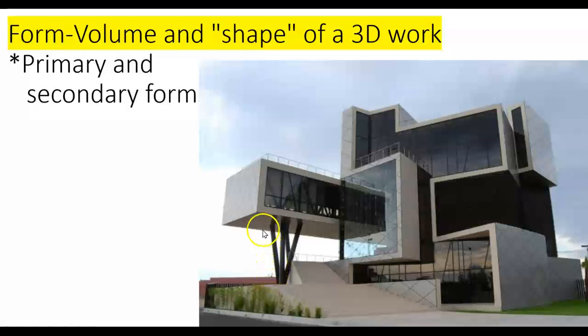If I go up and take the extreme outside of this form, that is the primary form. The secondary forms in here would be, for example, inside here or inside here.